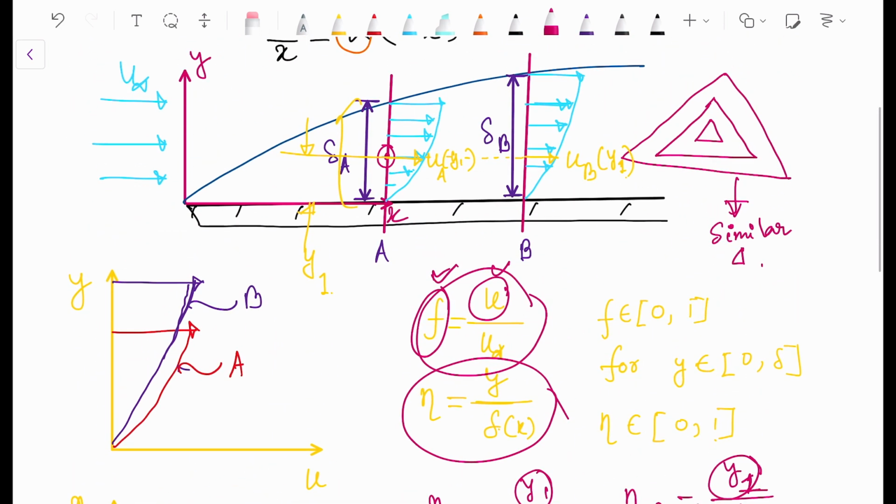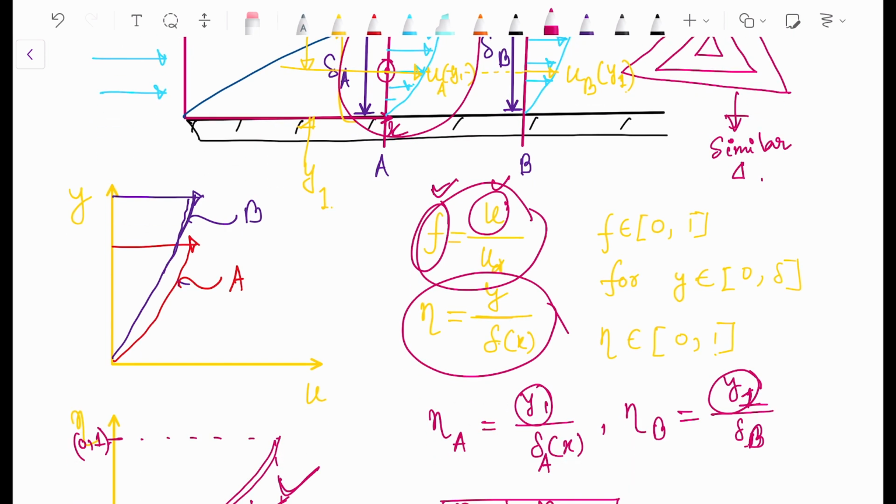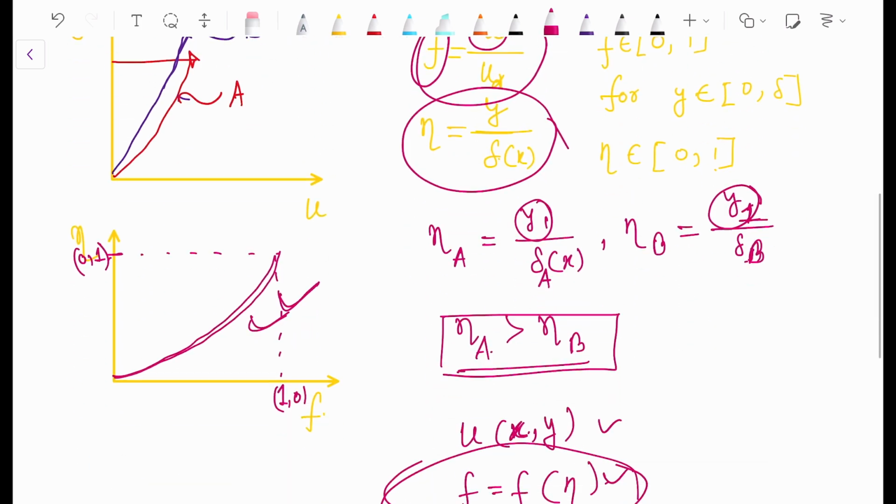I will just give a summary of the philosophy. If I stretch or shrink any one profile, then I can get any other profile. That is why, if I scale the variables with proper parameters, then I can have variables which will represent the velocity profile at any section.